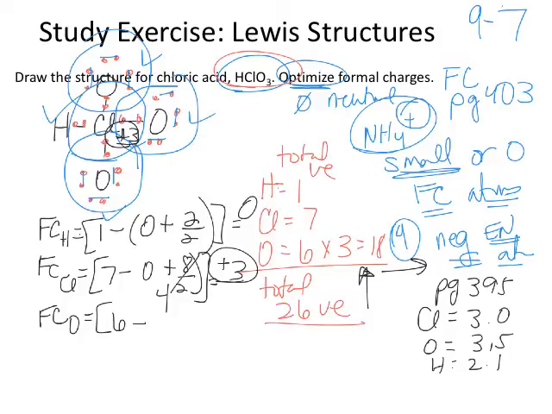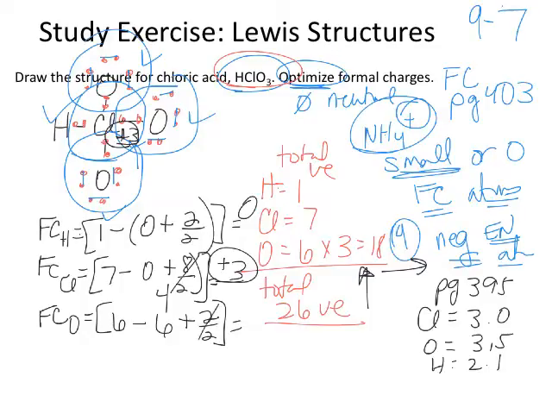If it was bonded differently, which you'll see, then you have to do it for each different type of bonded oxygen. But here we have 6 minus how many lone pair electrons? 6 plus 2 divided by 2, because you have 2 bonding electrons divided by 2.